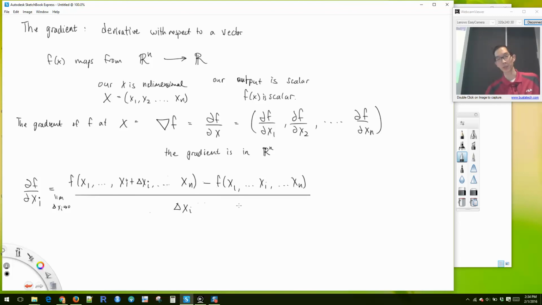Generally you don't have to worry about doing these limit operations. We can just use power rules and so on.